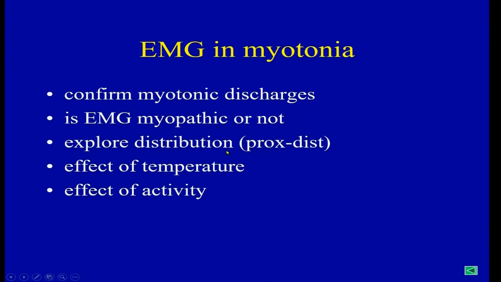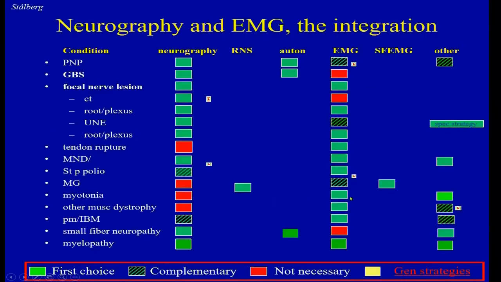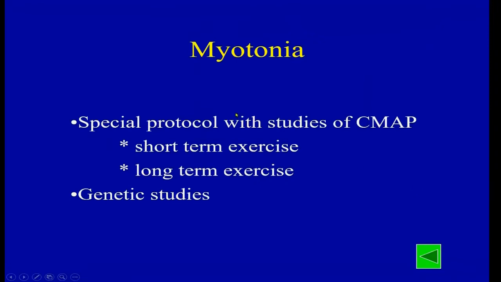Effect of temperature: paramyotonia is very cold sensitive, and effect of activity: hypokalemic periodic paralysis gives myotonic discharges, and also great effect on the CMAP after activation. Neurography is not the first choice in myotonia, but for myotonia we have a special protocol to study the change in CMAP amplitude after short-term exercise and long-term exercise.